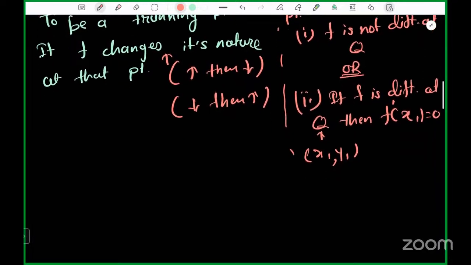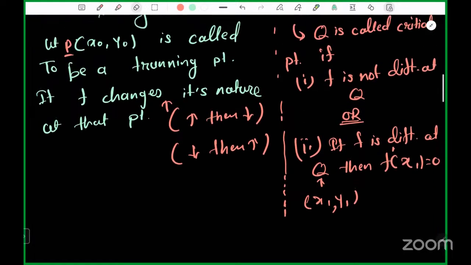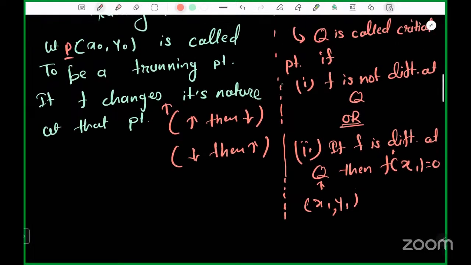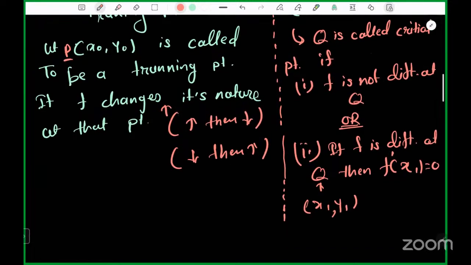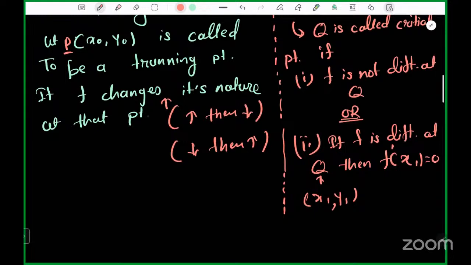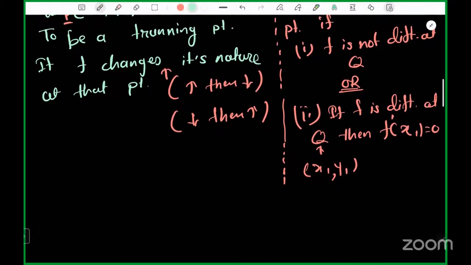That means the tangent is parallel to the x-axis, with no change in y value when there is a change in x value. It's better to relate it with the derivative. For example, if y is equal to 2, then dy/dx will be 0.